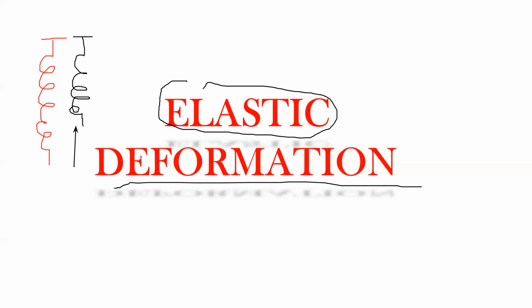There's a change in shape and size, but elastic means when the force is removed or released, the object will return to the same original position. If the object does not return to the same original position, then we call that plastic deformation. So there are two types of deformation: one is elastic, another one is plastic.